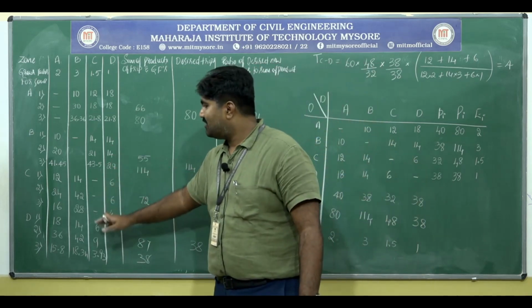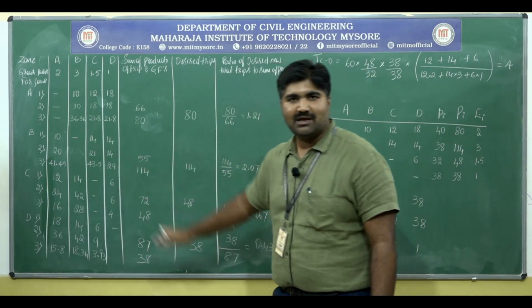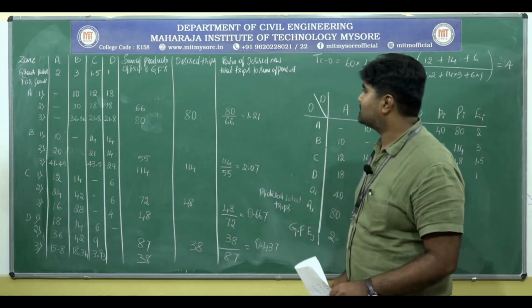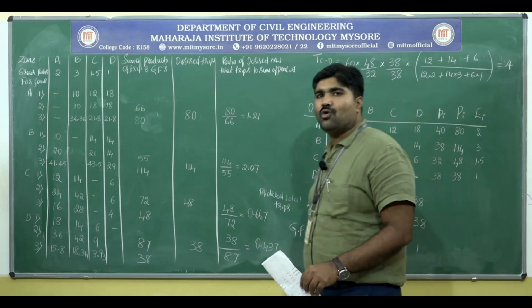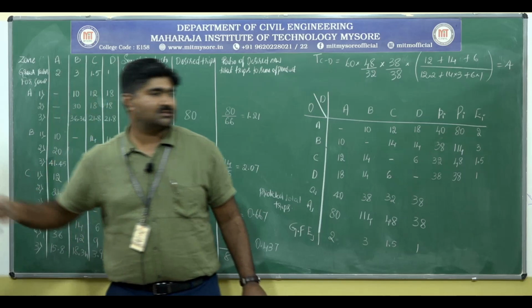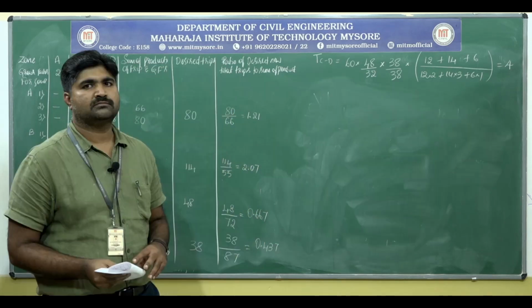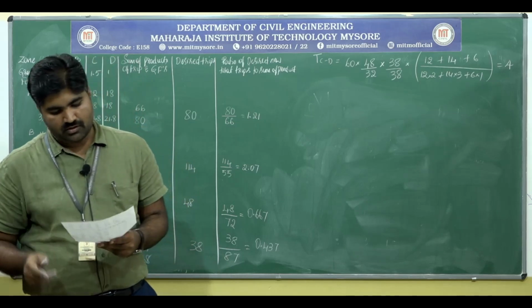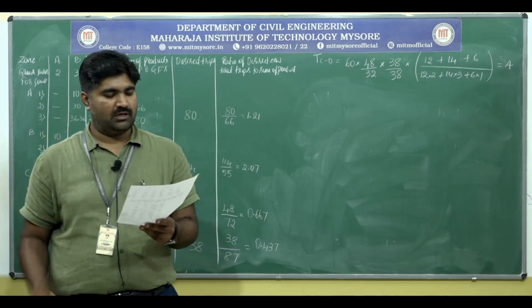For B, C, D we have done here. Similarly for other zones, you have to calculate the values. Next, again we have to plot a new OD matrix. I will show you how to plot the new OD matrix. See, after this step, take down a note.